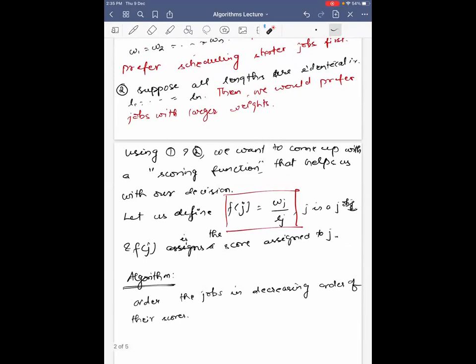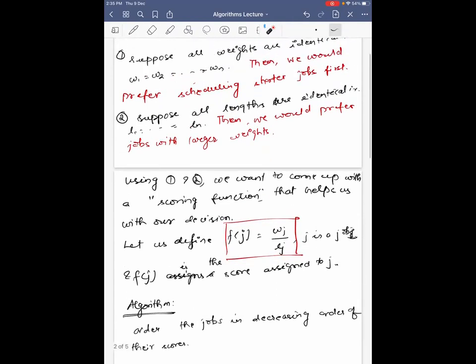Now, I hope that why this intuitively makes sense from 1 and 2 is clear. If the weights are the same, then we want shorter jobs to be scheduled first. Since this scoring function is inversely proportional to the length of the job, it will schedule shorter jobs first, should the weights be the same.